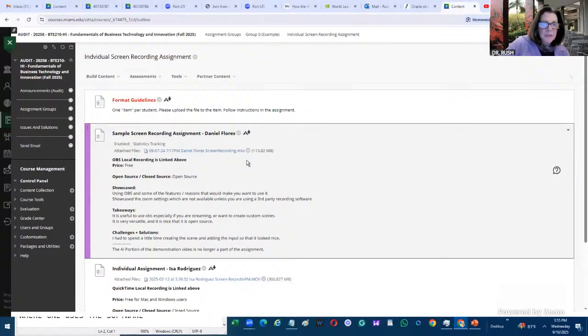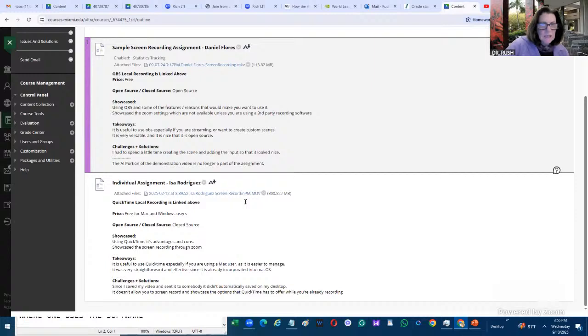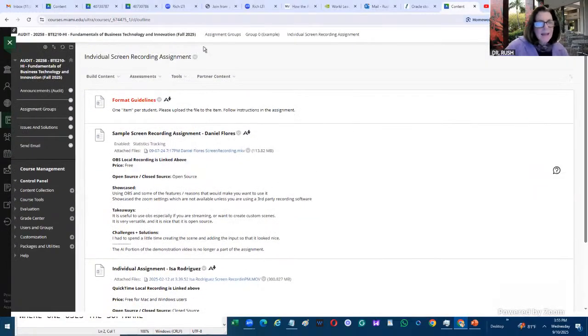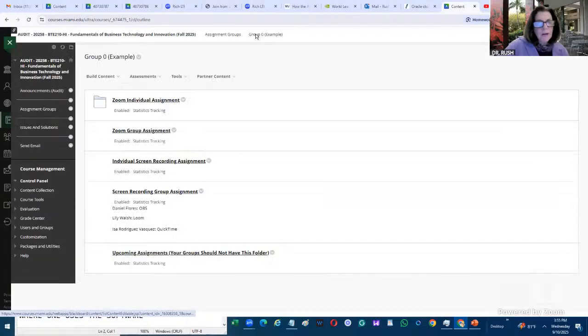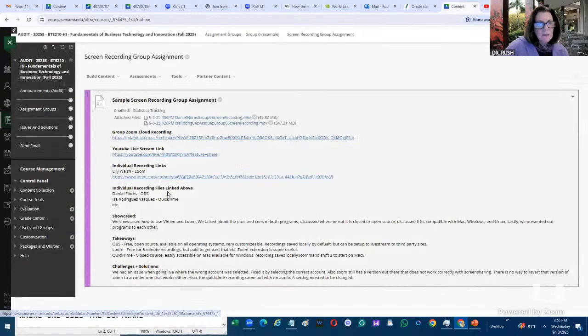They will put in their recording, say if it's open source or closed source, what was showcased there, what were the features, what were the takeaways, what were the challenges, and you can see ESA has it as well. And then if I go back into my group, the individual, you see here should be the screen recording group assignment.